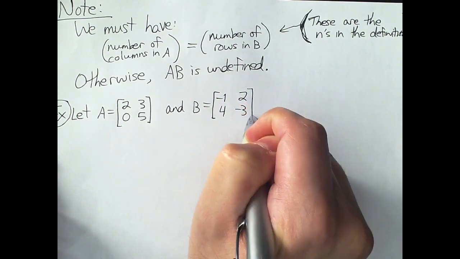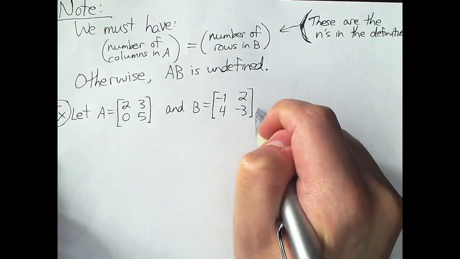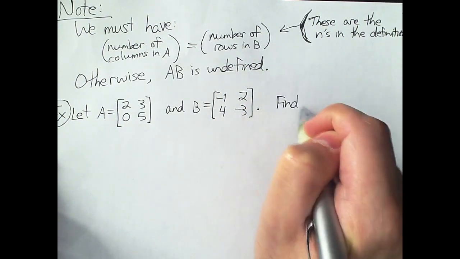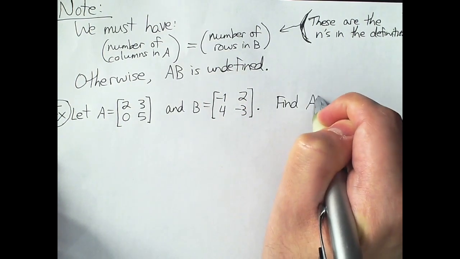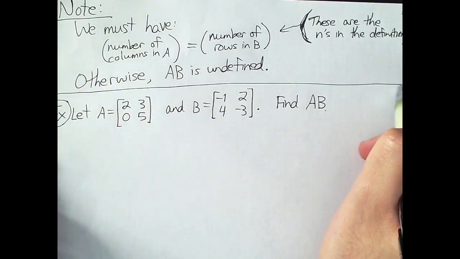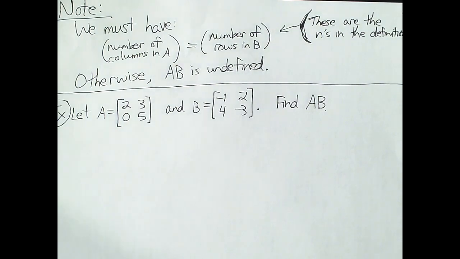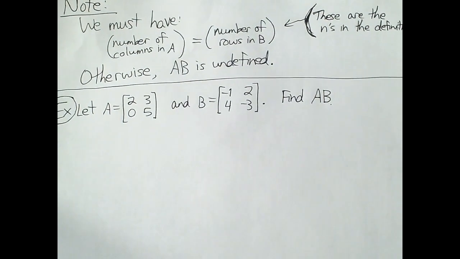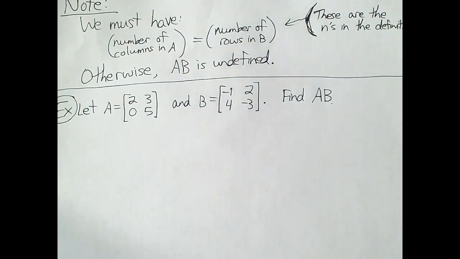I think we might have seen these matrices earlier, but now I'm going to ask us a new question. I'm going to say find AB. So I'll do this for us. And maybe one thing that I should address at this point before we go further, I want to tell you that there is going to be another way to multiply matrices.